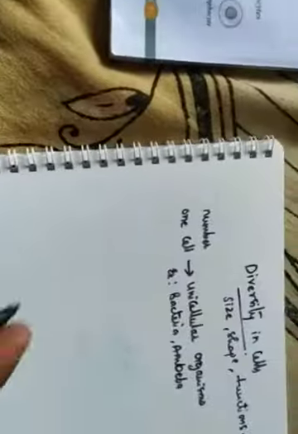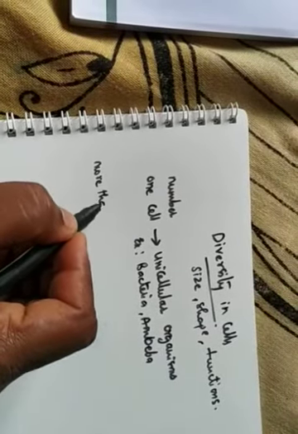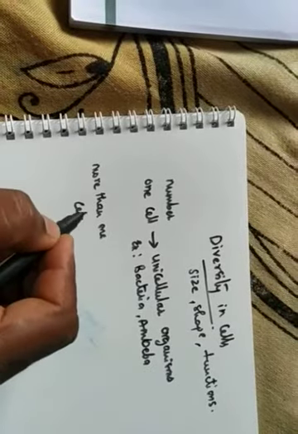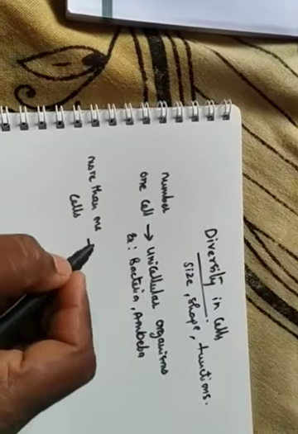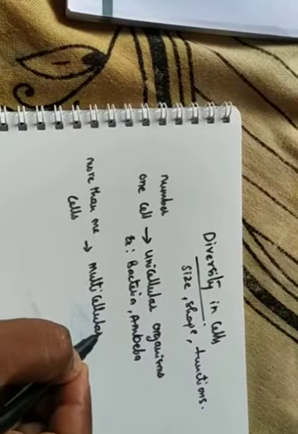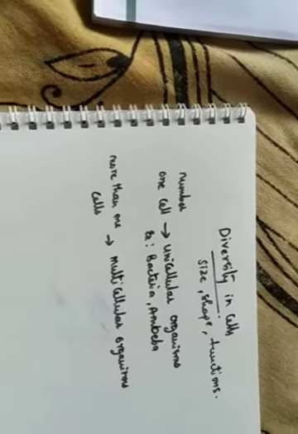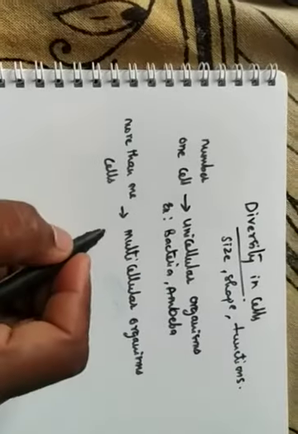Okay, children. Next, when an organism is made up of more than one cell, those are called multicellular organisms.